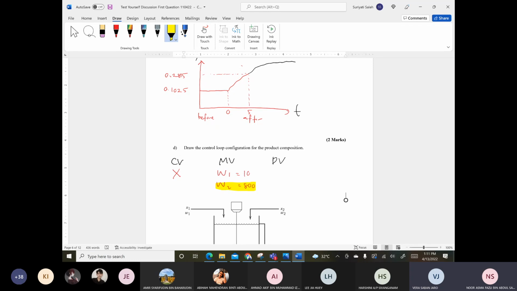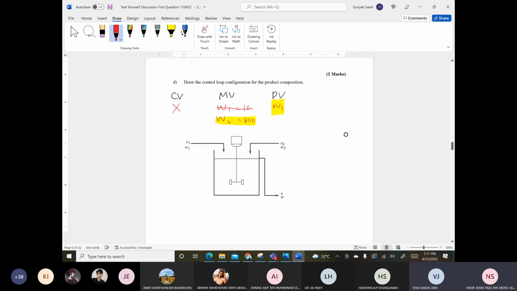Of course, 800 will give more effect compared to 10. So in this case, we select the MV equal to W2, and W1 will become your disturbance. This is the reason why we select W2.